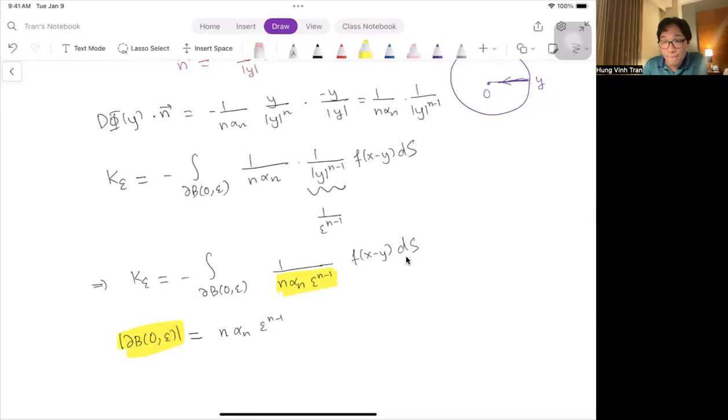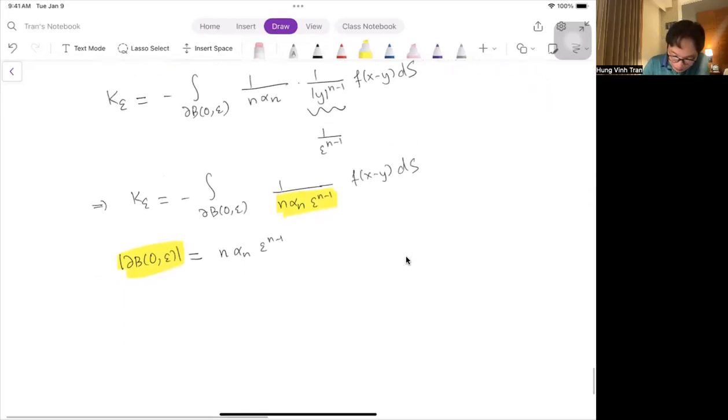Okay. Then this becomes exactly some sort of mean value theorem, right? Because we are integrating on a set whose surface area is exactly this, right?